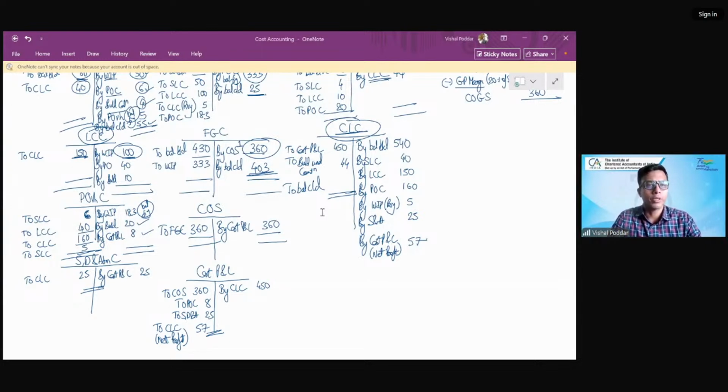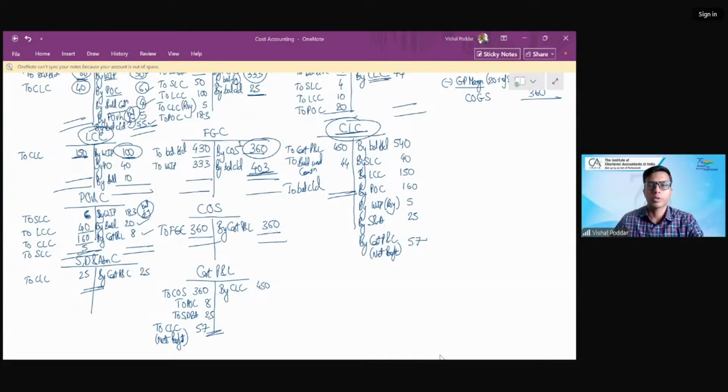Anurag, 483 or 883? Okay, Tejaswin has corrected himself.